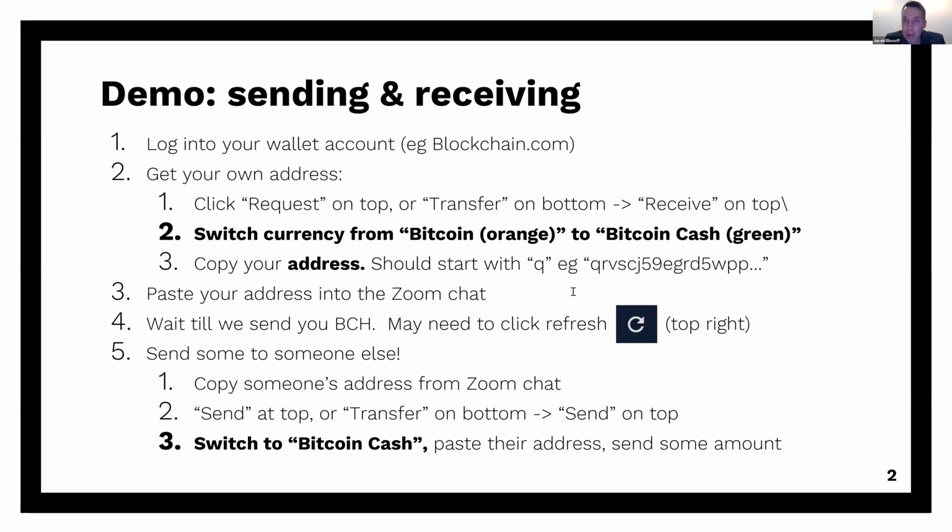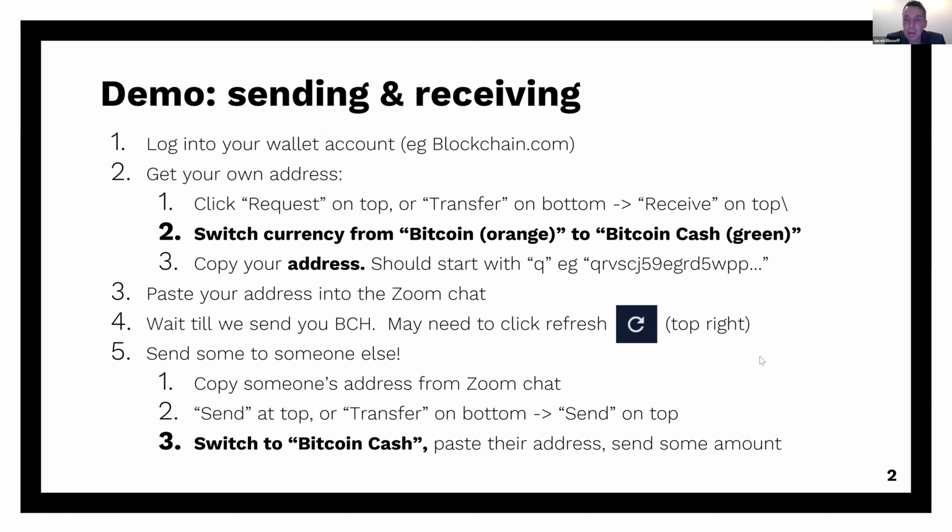Now, once your address is posted here, sometime after that, my beautiful and charming assistant, Daniel, my brother, should be sending you some Bitcoin Cash. And you may need to click this little refresh button at the top right of the wallet. It's different on the phone and on the browser version, but there should be a refresh button, which looks like this little circular arrow, in case you don't see the coins pop up.